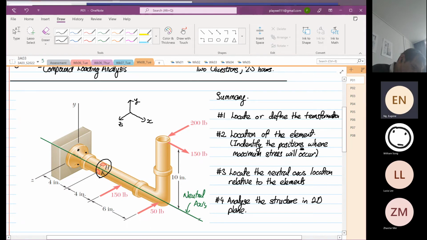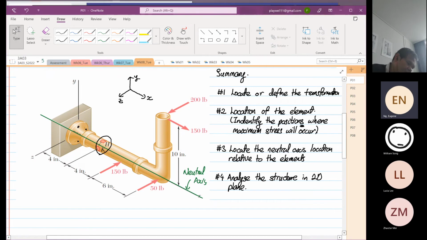In 2D plane. So remember, last week we did XY plane, right? So we sketch it in XY plane, and then you view it at YZ plane, and then you view it in XZ plane. Okay.